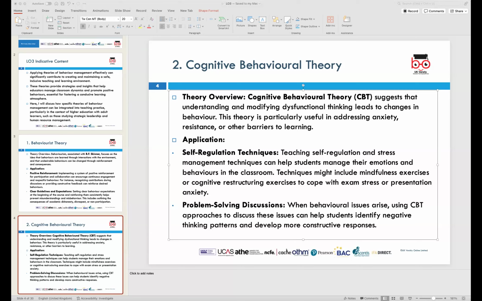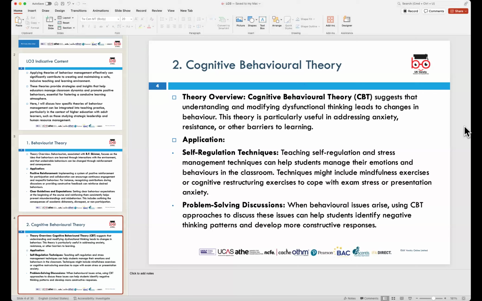So his approach aimed to change how we look at the thinking process, and that would bring about the behaviors required when you ask learners to participate in an activity, or be involved in the process of teaching and learning.